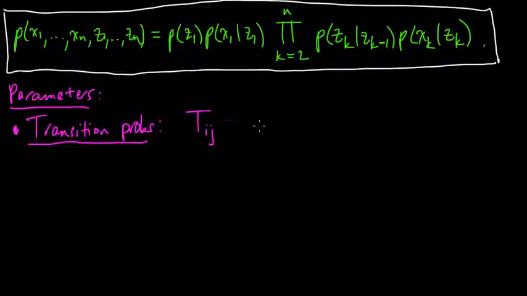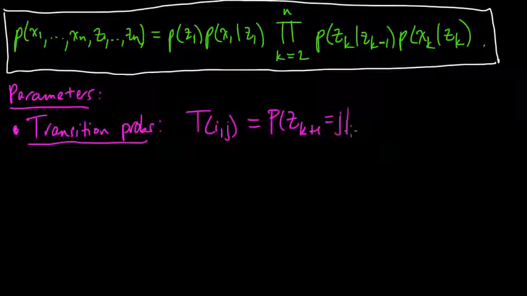This is the probability that z_{k+1} equals some value, say j, given that z_k equals some other value i. I put i and j here because it's the probability of going from i to j.